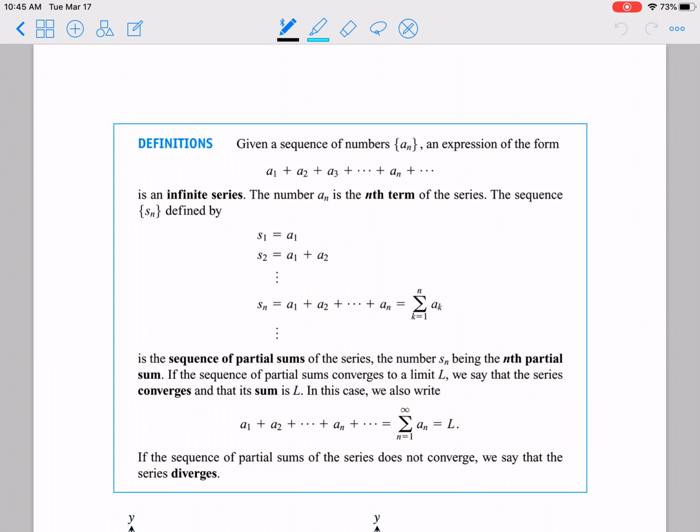If the sequence of partial sums converges to a limit L, we say that the series converges and that its sum is L. In this case, we also write a1 plus a2 plus dot dot dot equals the sum of a sub n, and it equals L. If the sequence of partial sums of the series does not converge, we say that the series diverges.